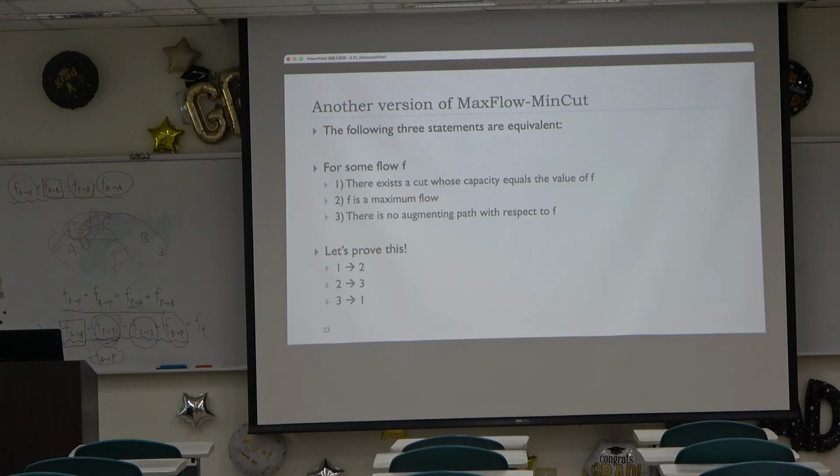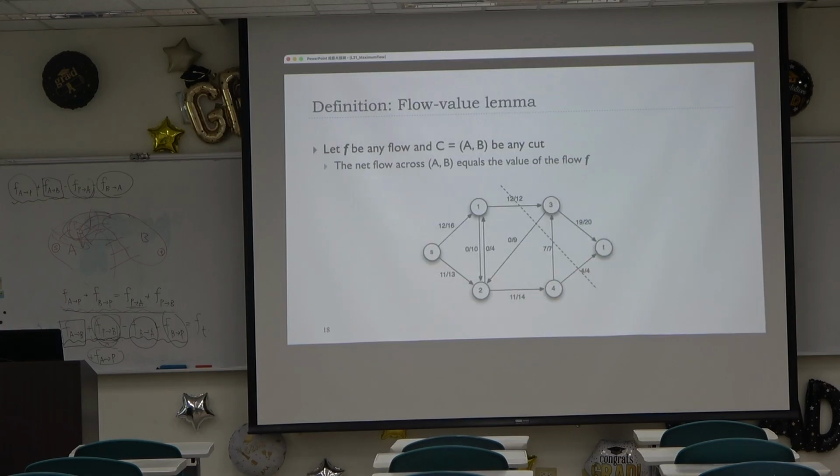When we say a cut, for example, a cut like this, when you have an augmentation path, that augmentation path must go through some edge in between, through this cut, right?